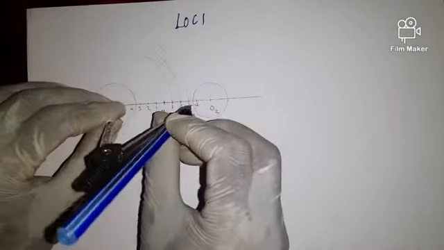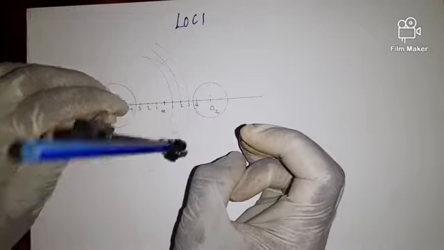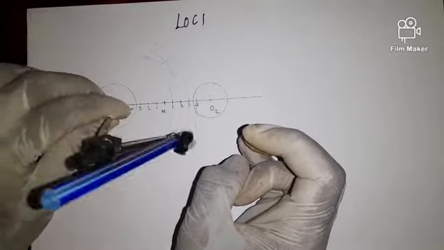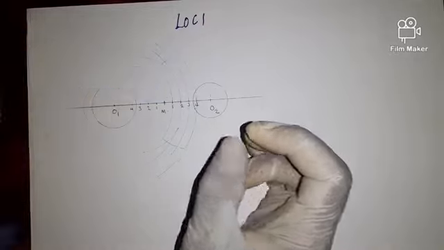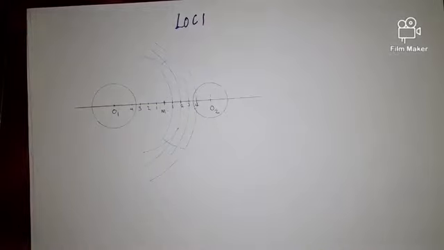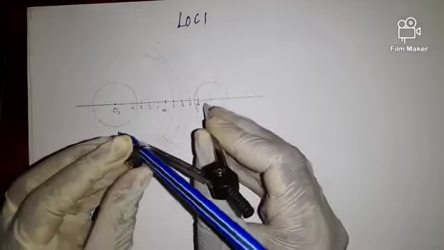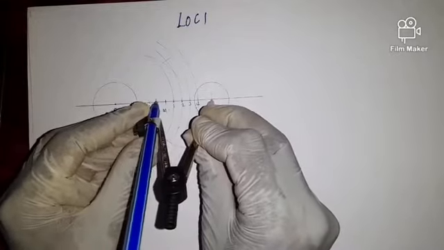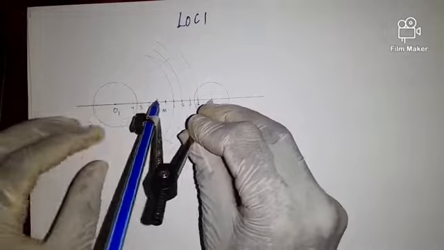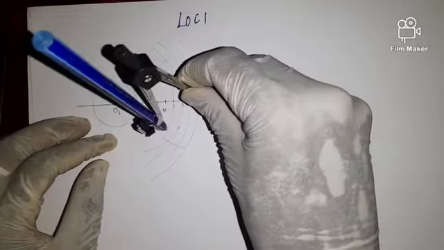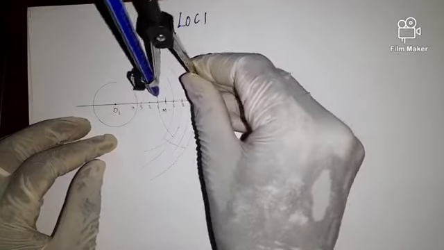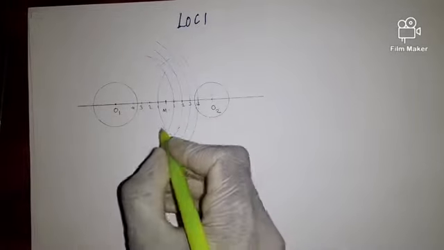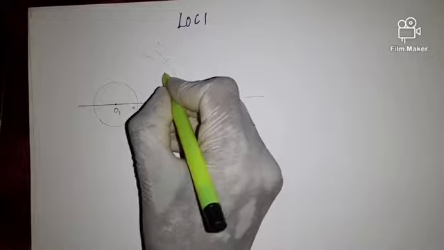Then next we move to 4. Once we are through with that, we go the other way around. As from O2, we locate the first one. Where it meets the first arc that passed through 1 on the right, we put a mark.